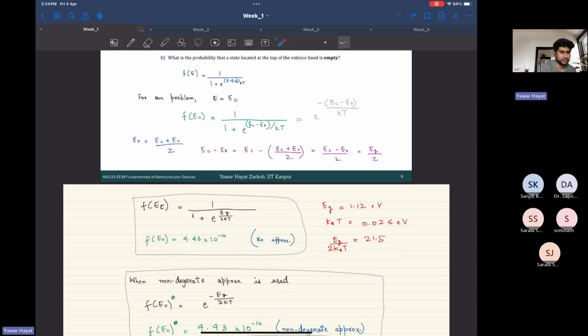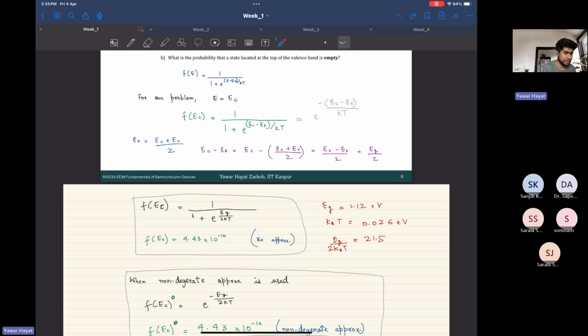Notice that this value 21.5 goes in the exponential. When Euler's constant E is raised to the power 21.5, that is a very large number compared to 1. That is one more reason why this approximation makes sense.